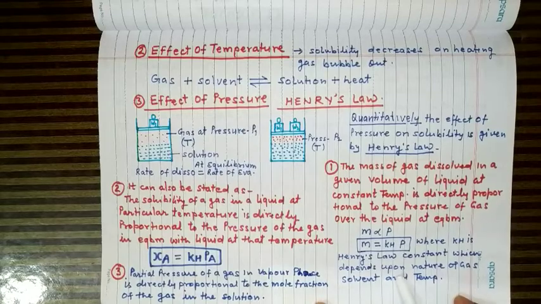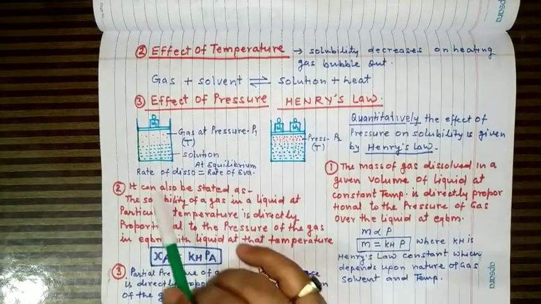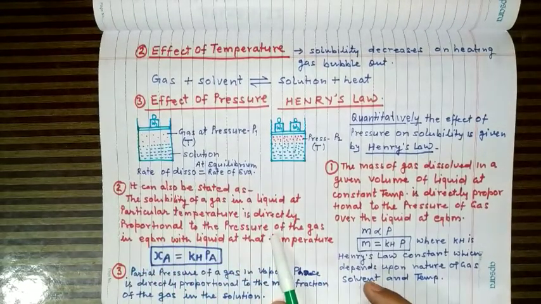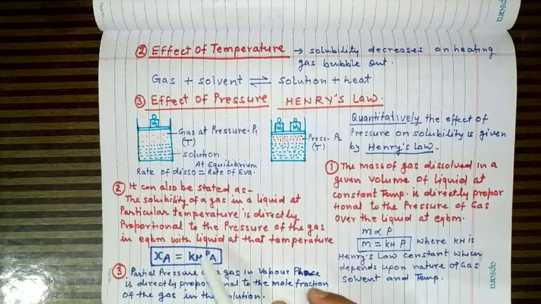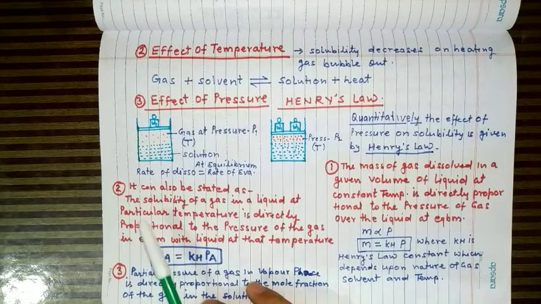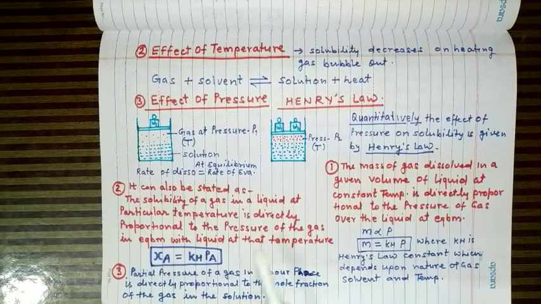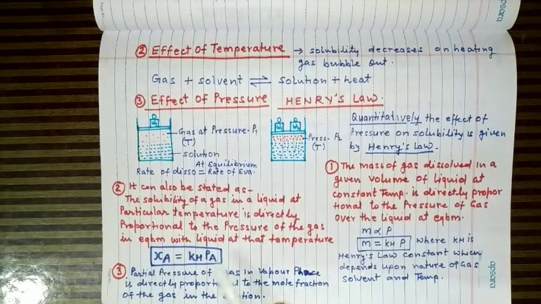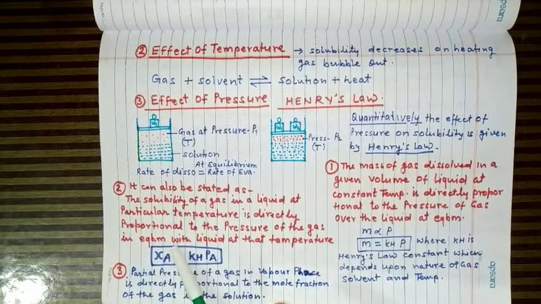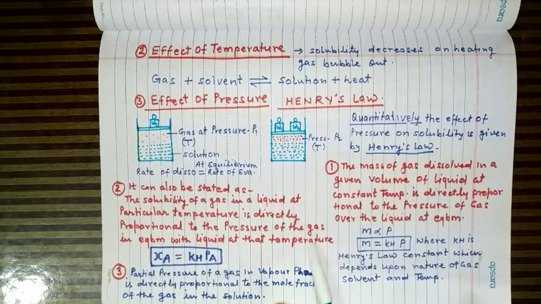as well as temperature. Another way of stating Henry's law is in terms of solubility, which is expressed as mole fraction of gas. Solubility of a gas in a liquid at a particular temperature is directly proportional to the pressure of the gas in equilibrium with the liquid at that temperature.